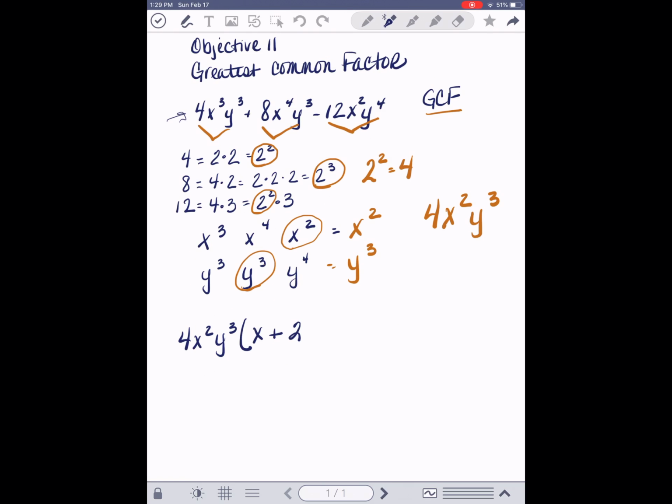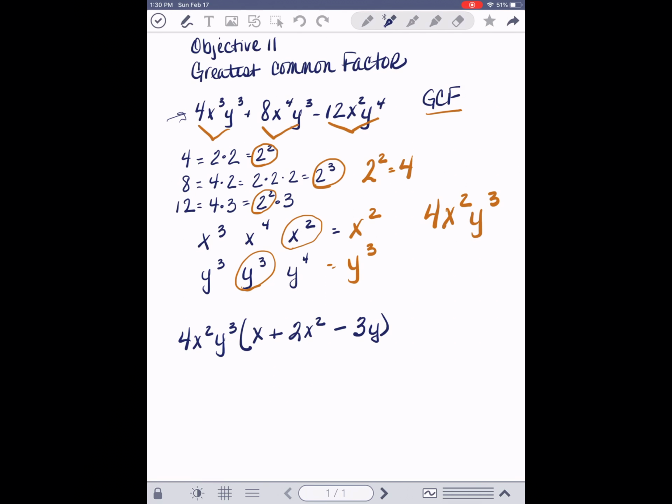X squared, we have x to the fourth, so we're left with 2x squared, and we don't have any y's left. Minus 4 times 3 is 12. X squared, we don't have any of those left, and y cubed, well, we have y to the fourth, so we have 1y left. So then that would be your answer.